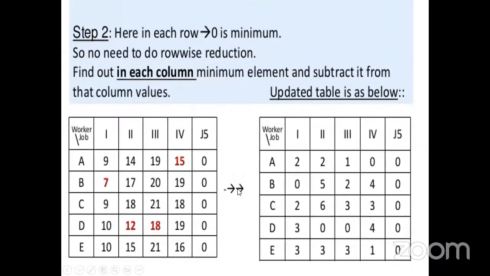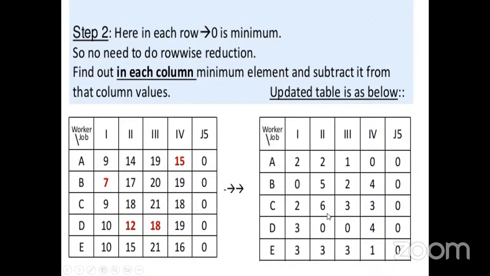Step 2, we need to go through it. Here in each row 0 is the minimum, so no need to do row-wise reduction. Find the minimum element in each column and subtract it from that column's values. The updated table is given below. The least values in the columns are 7, 12, 18, 15. After subtracting those elements from all other elements, we got a reduced matrix.